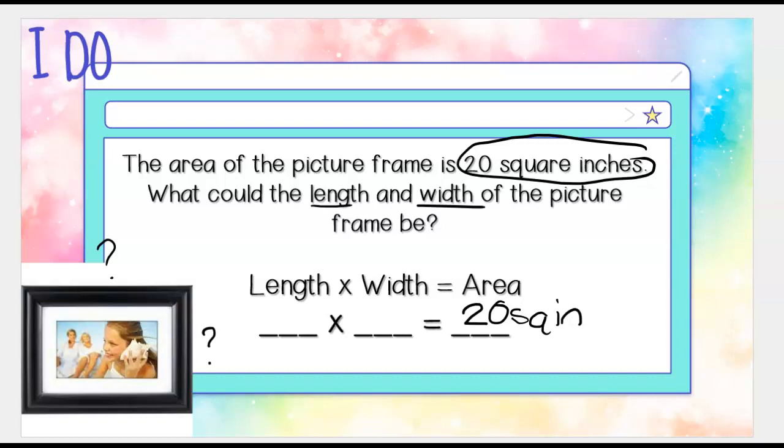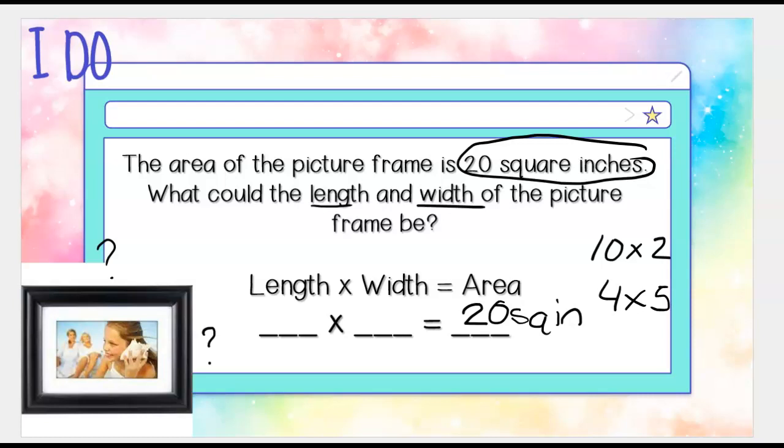Well, 20 ends in a 0, so I'm going to start with my tens. I think 10 times 2, that equals 20. What other numbers besides tens? How about 4 times 5? That equals 20.